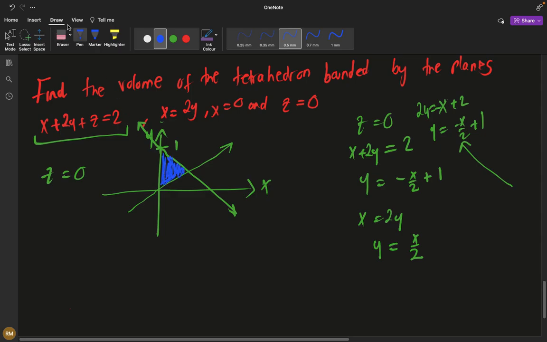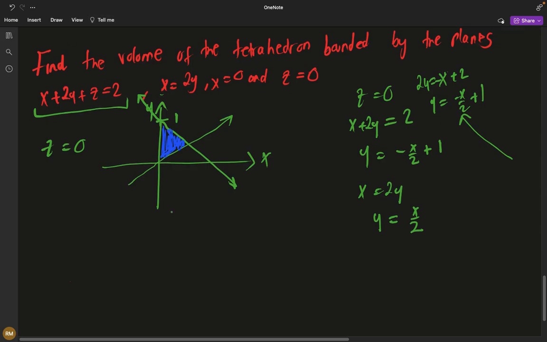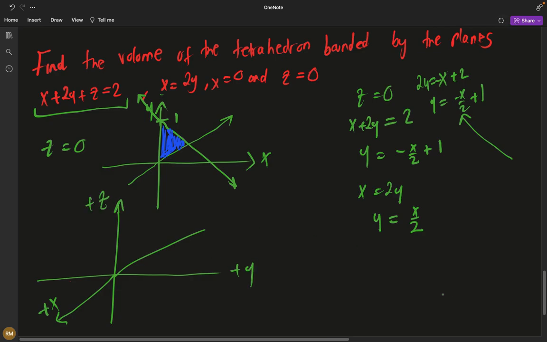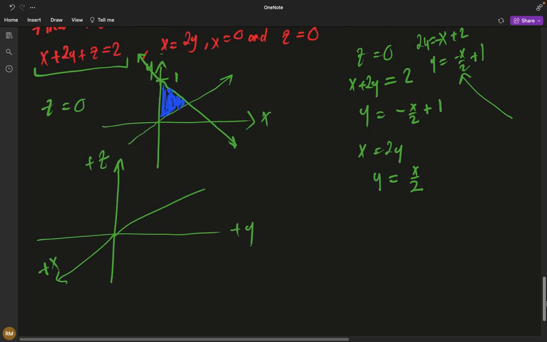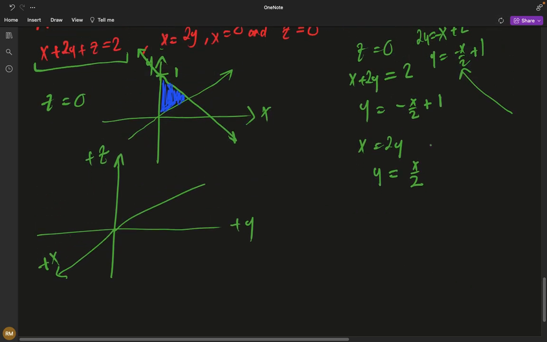Okay, and then now we need to write this in the xyz plane. I'll make this my positive x, my positive y, and my positive z, right? Then we need to find where they're intersecting, so we can just equate these two.